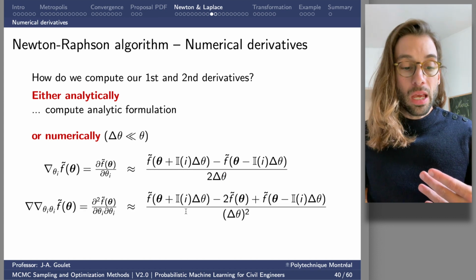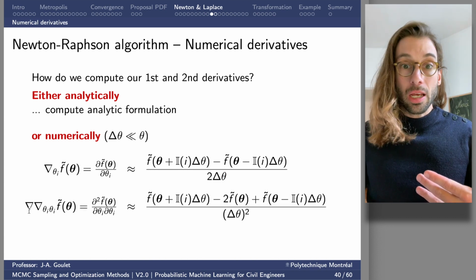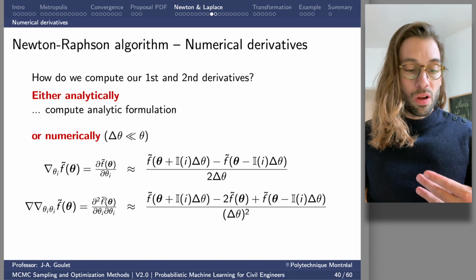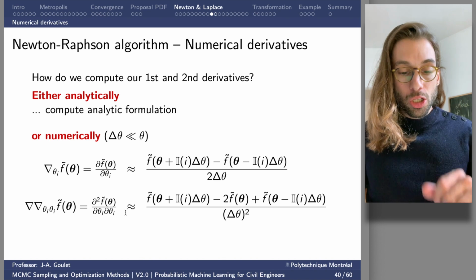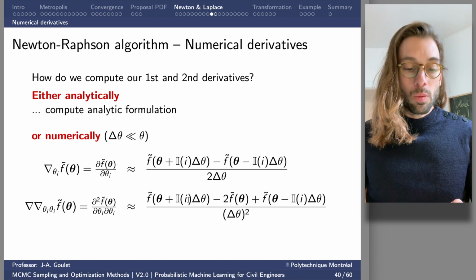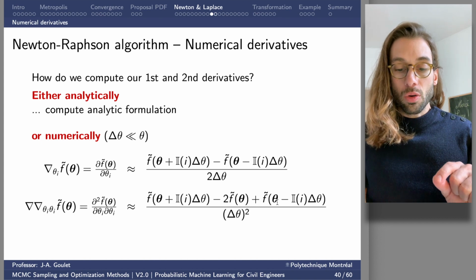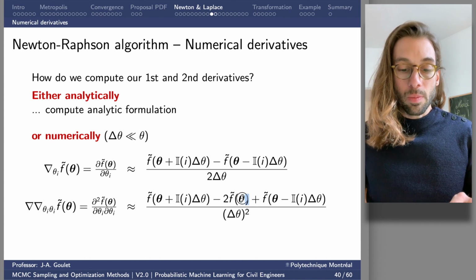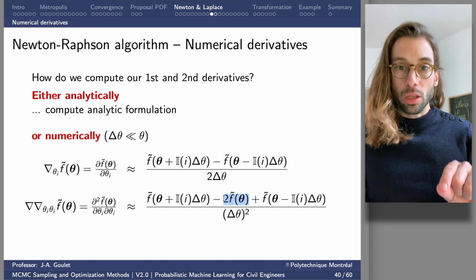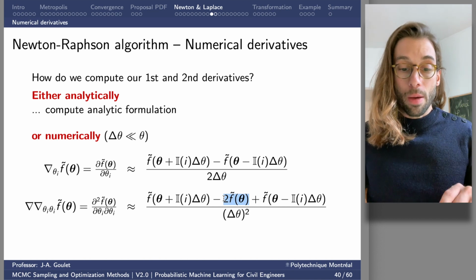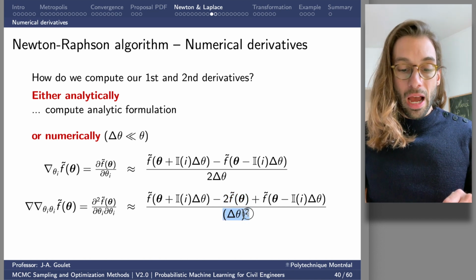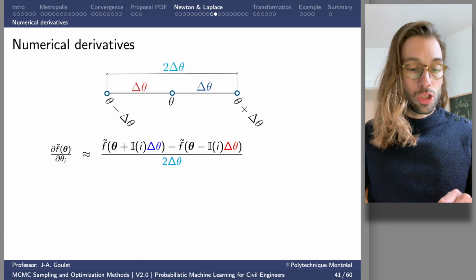We can do the same thing for the second order derivative. So the second order derivative of f of theta with respect to the ith parameter. So what we're going to do is take the difference between the current value plus delta theta and the current value minus delta theta. This is my current parameter value, and I'm going to divide by delta theta squared.